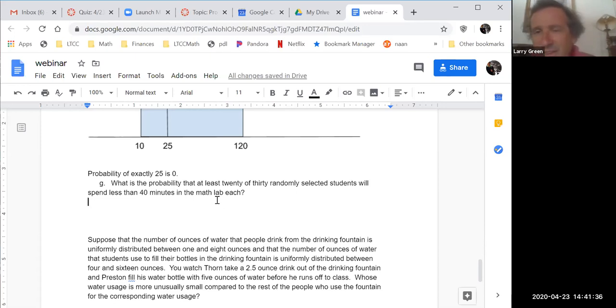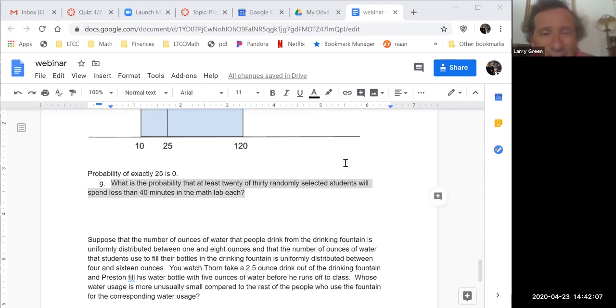Give you a moment or two. So part G: what's the probability that at least 20 of 30 randomly selected students will spend less than 40 minutes in math lab each? Any thoughts?